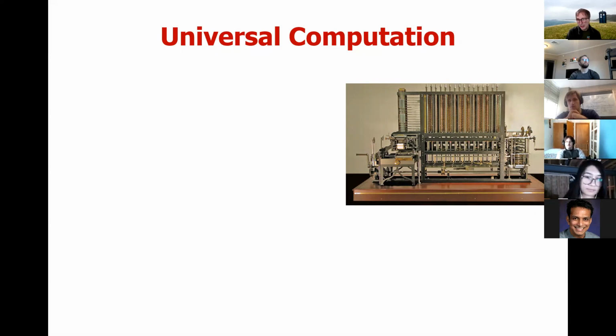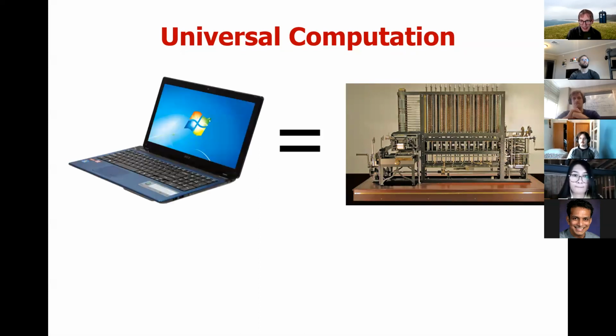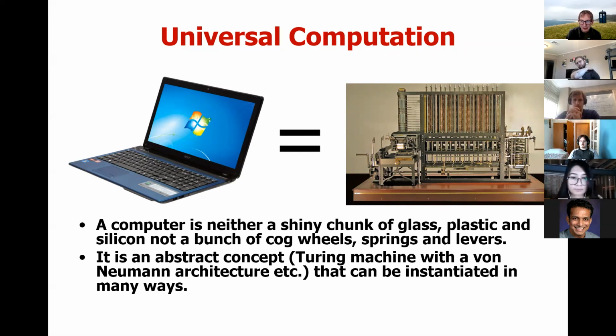So this is a machine that, if it had actually been built, would have been a universal computer. It was programmed in a completely different way, but for all essential purposes, it was the same thing as a modern-day laptop computer, just implemented with cogwheels and springs. So the point is that a computer is not a shiny chunk of glass, plastic, and silicon, nor a bunch of cogwheels, springs, and levers.